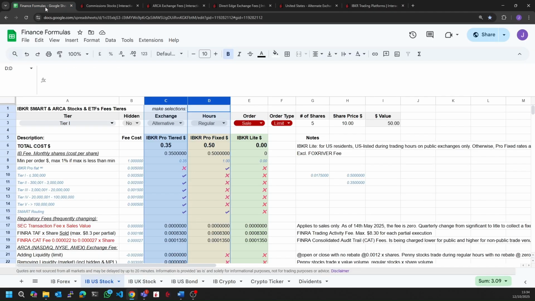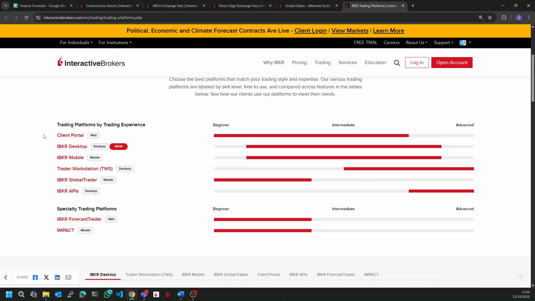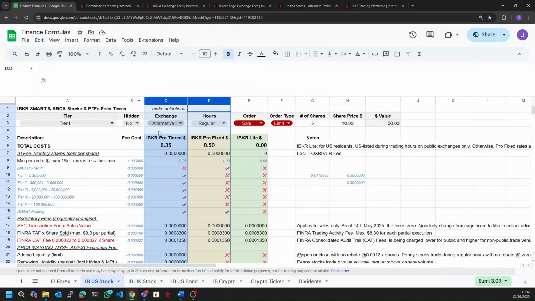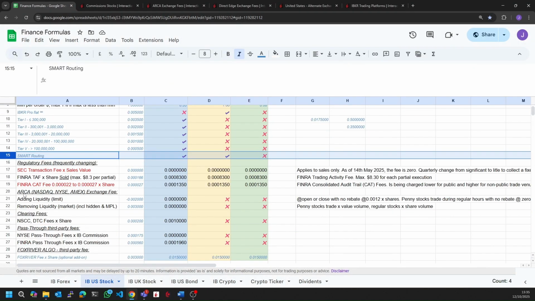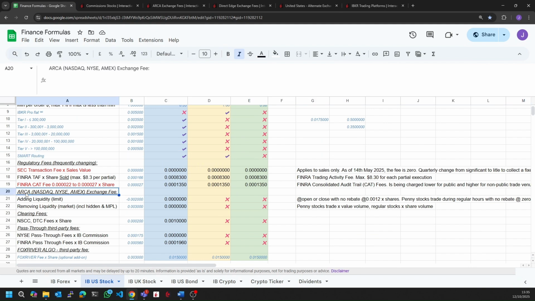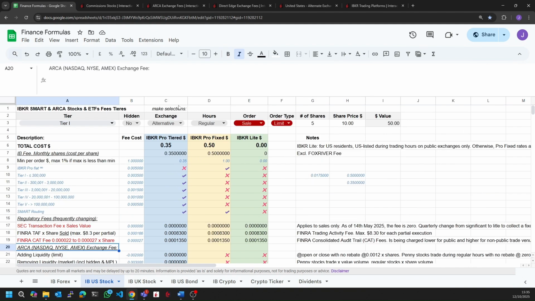But whenever you place a regular, like web order, for example, through Client Portal, so it's for beginner and intermediate, or through mobile, so it's a little bit more advanced than desktop. Desktop, I don't know, I didn't test. Your orders, even if you select, for example, ARCA, might be routed through a different exchange.